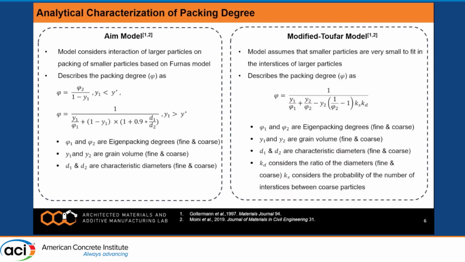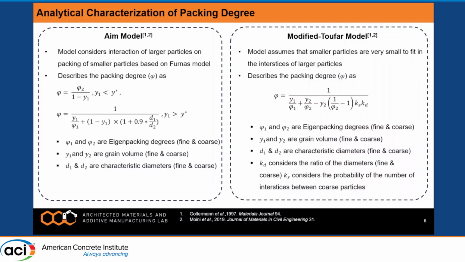We have also used analytical characterization to understand packing degree, and we have used 2 models, the AIM model and the Modified Toufar model. The AIM model considers the interaction of larger particles on packing of smaller ones, based on the Furnas model. So it has 2 cases. The case 1 where coarse aggregates are higher in quantity compared to the fine aggregates, and the second equation is for the vice versa case where you have more fine particles than coarse aggregate.